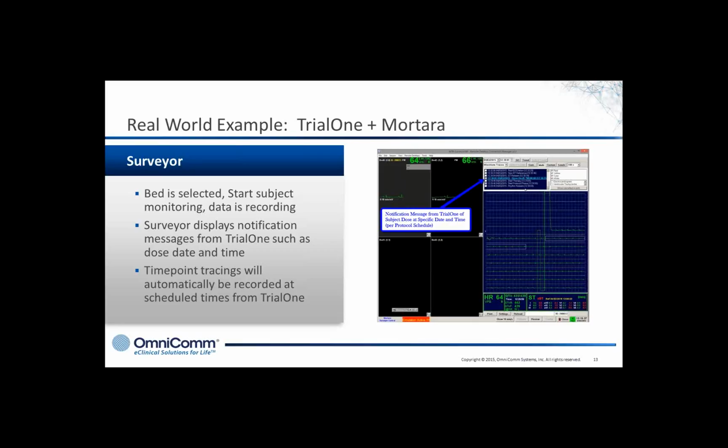Trial 1 and Surveyor are then communicating constantly, updating the schedule. Surveyor is giving notifications for when the subject was dosed. It's also giving any other notifications that you would like to configure to be seen in the upper panel. And then at the scheduled time, tracings will be automatically recorded from the trial 1 schedule in Surveyor.